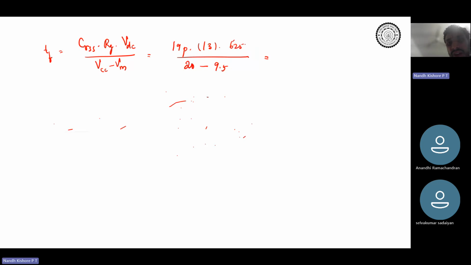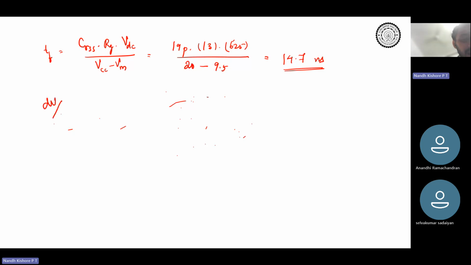So just compute what is TF. 19 into 13 into 625 divided by the denominator gives 14.7 nanoseconds. Check it, okay? 14.7 nanoseconds. This is the voltage fall time.